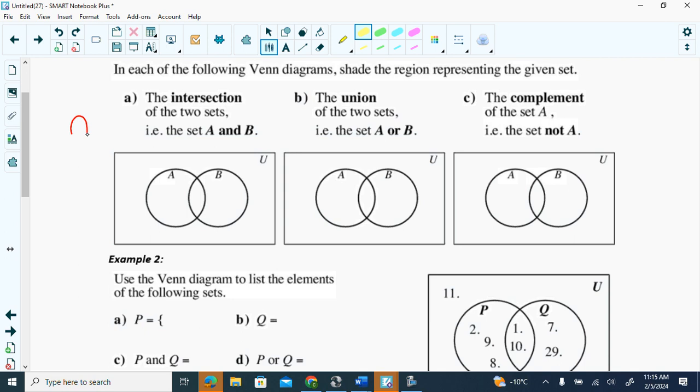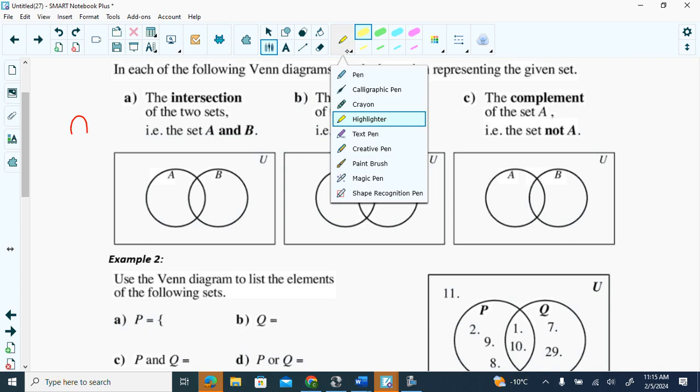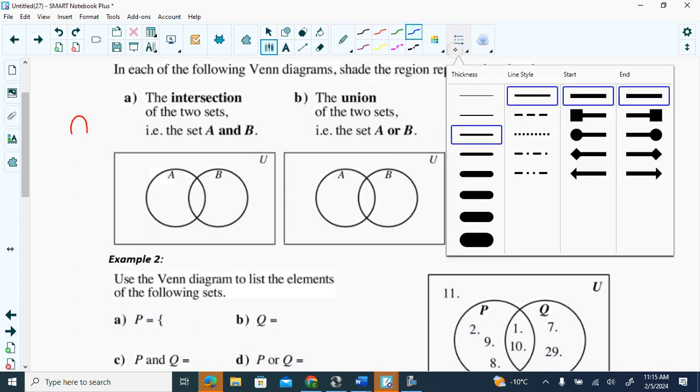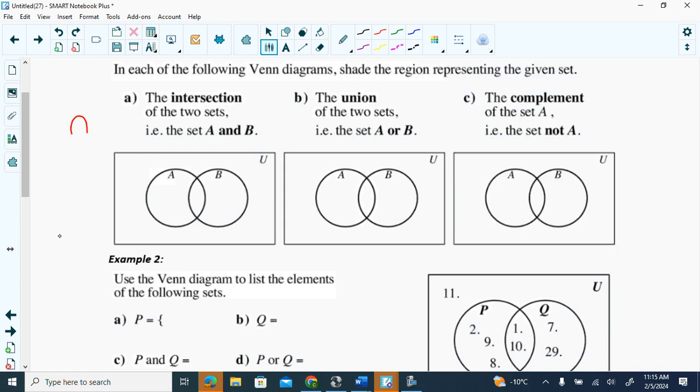What does that symbol represent in math? And or? And. And what shape is and? We talked about this. And is the eyeball.